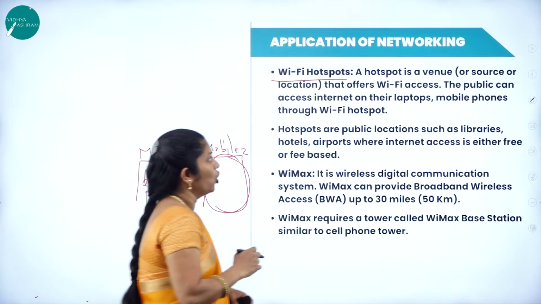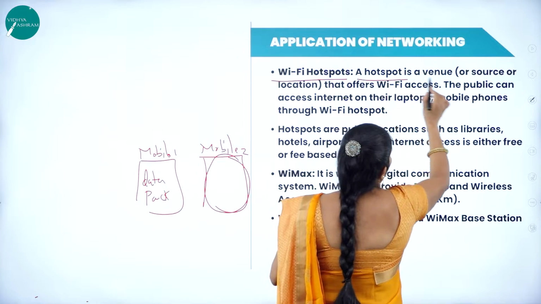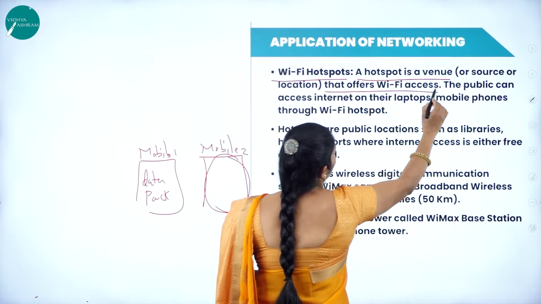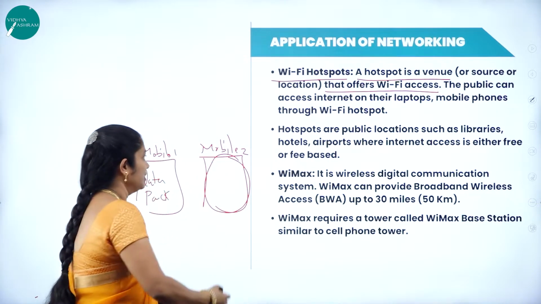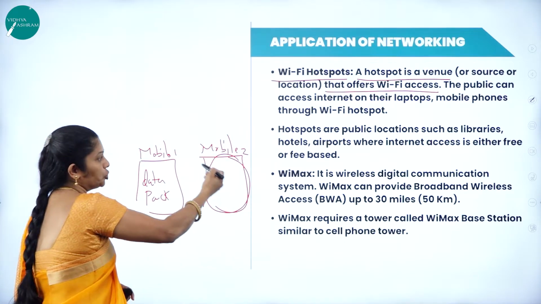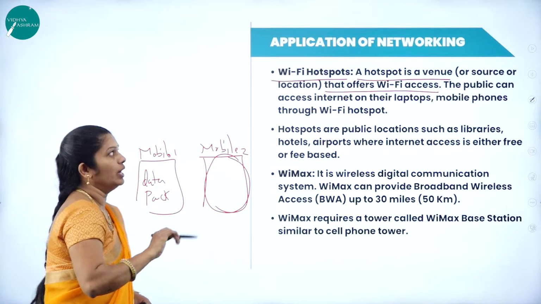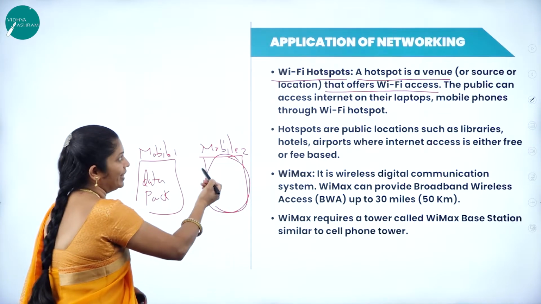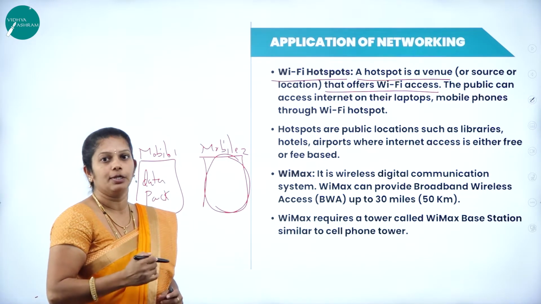Whereas Wi-Fi hotspot is a venue or a source or a location that offers Wi-Fi access. That means if I want to access the data which is present in mobile 1 from mobile 2, then in mobile 1, we have to switch on Wi-Fi hotspot. In mobile 2, with the help of Wi-Fi signals, we can access it.